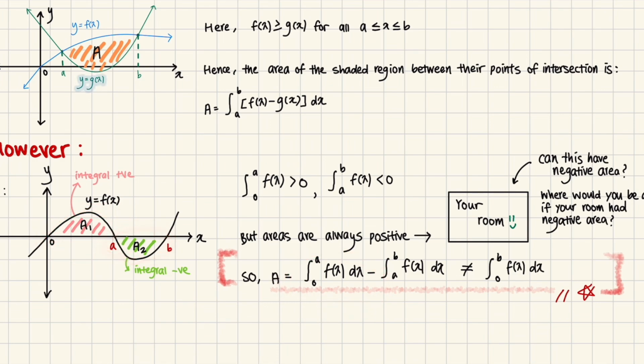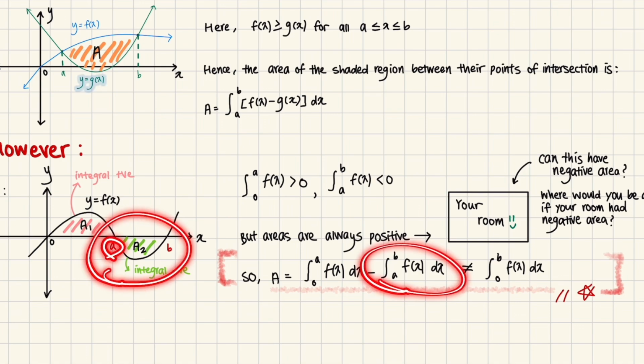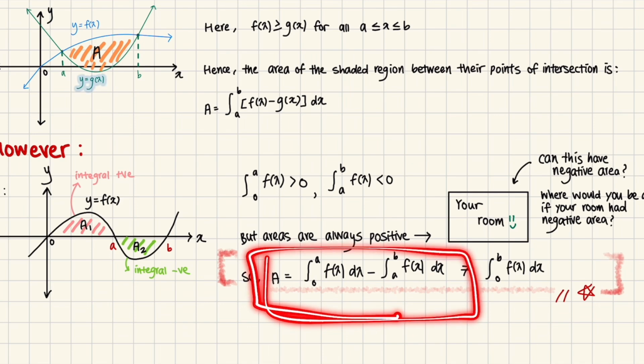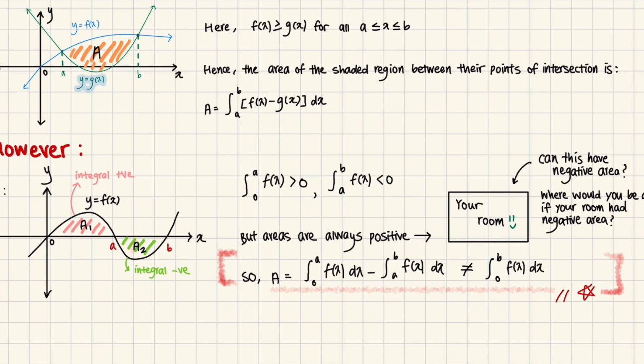And then this area, like I said, is negative, so we have a negative sign in front of it to make it positive. And that area is this area between a and b. Remember that b has to be the largest one, always. So that's the equation that we have to deal with if it has a negative area too.